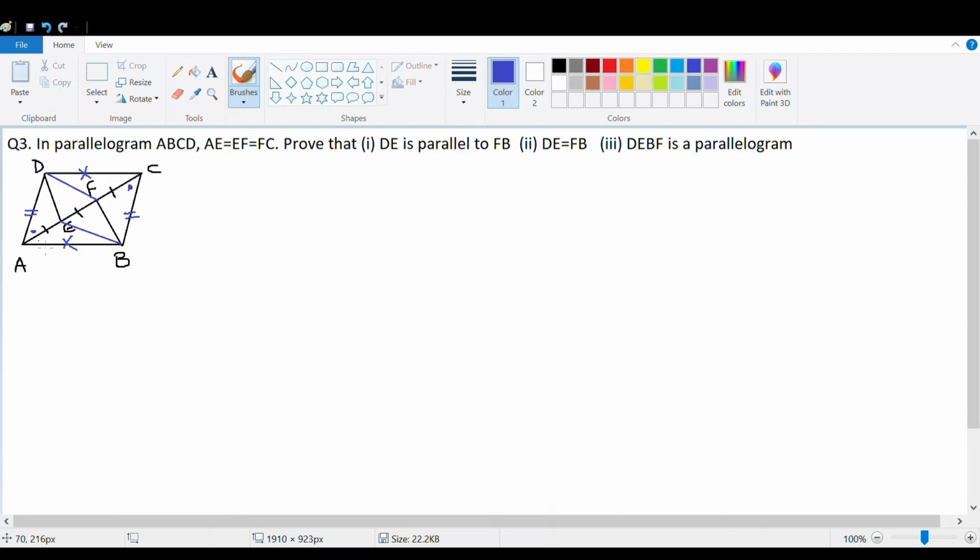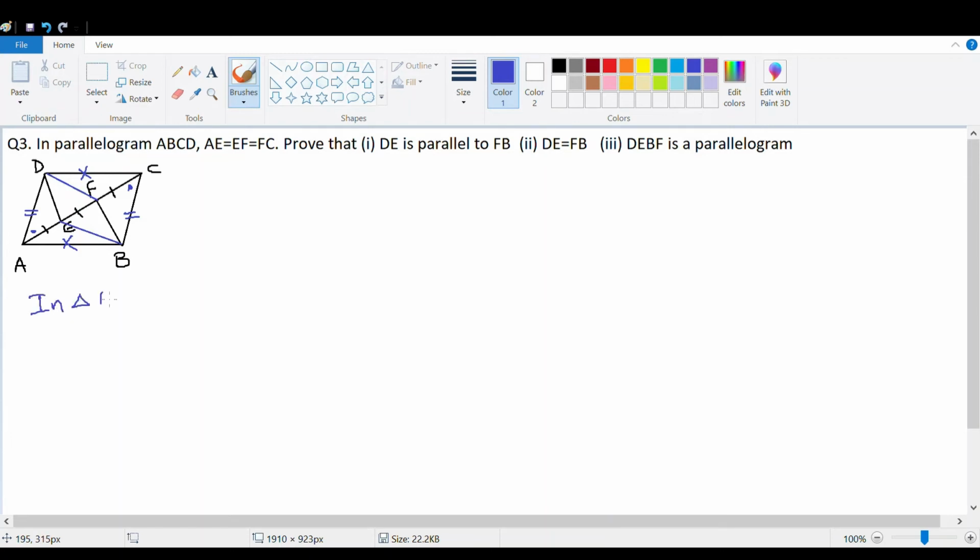Because these are alternate angles. So can I try and prove something in some triangle? I think I can prove ABE and BFC congruent by side angle side. It will help me somehow. I think it will, because this will help me prove that DE and FB are equal. Perfect.